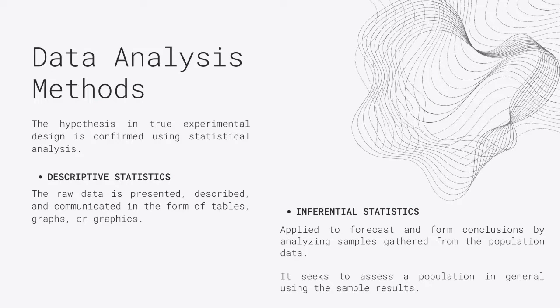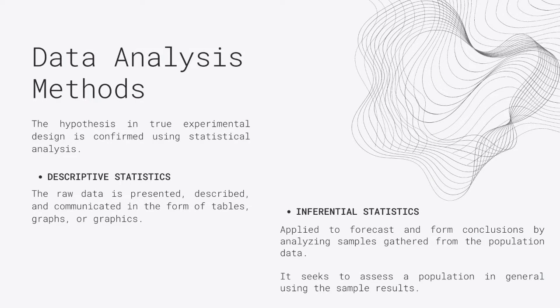In true experimental design, the hypothesis is confirmed or disapproved using statistical analysis, namely descriptive statistics and inferential statistics. In descriptive statistics, the raw data is presented, described, and communicated concisely and neatly and able to provide core information from the existing dataset in the form of tables, graphs, or graphics.